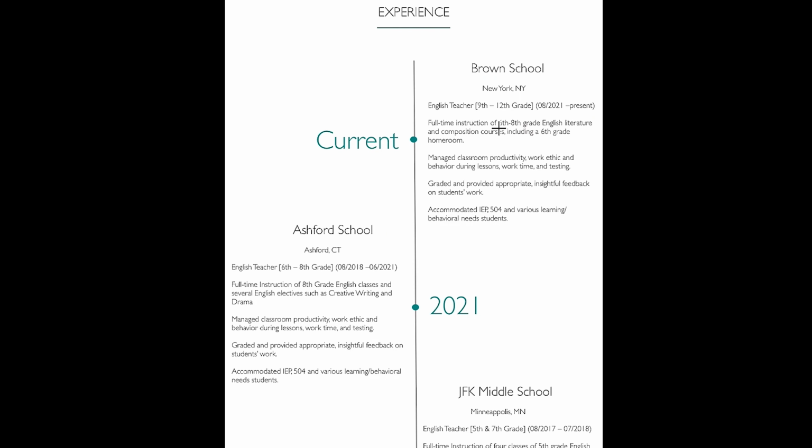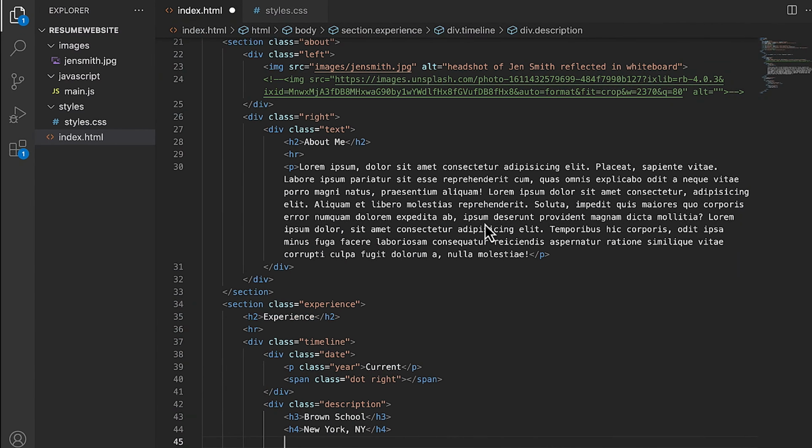And then if we go back here, we have 1, 2, 3, 4 paragraphs. So I'm going to go ahead and write those 4 paragraphs. I am just going to use lorem ipsum rather than trying to copy out all of that text. But if you do have a resume handy, I would suggest pulling up that resume and just copying and pasting over your description. So lorem, that's 1 paragraph.